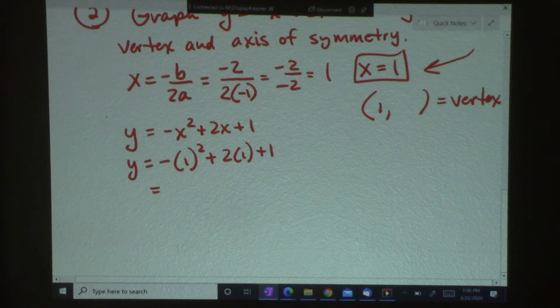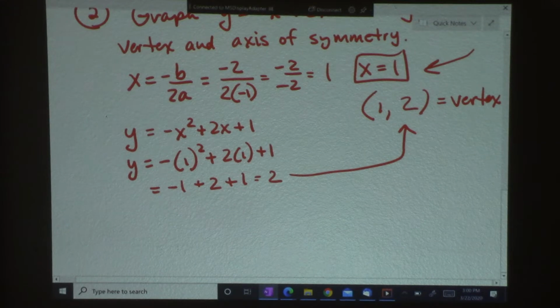I'm going to square it first. Obviously, 1 times 1 is 1. And then I multiply by a -1 on the outside. And that's how I get -1. Plus 2 plus 1. So if I add all of those together, -1 plus 2 plus 1, I get 2. So the y value of my vertex goes here, and the vertex is at 1, 2.